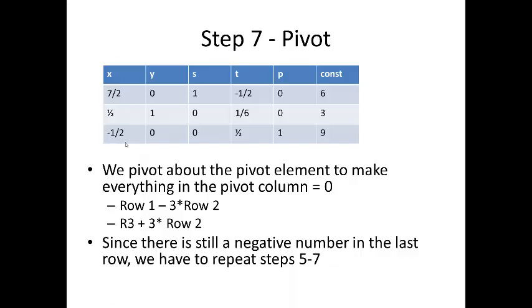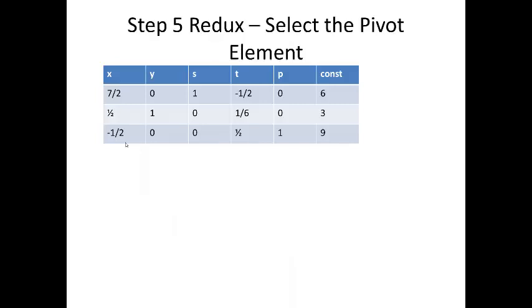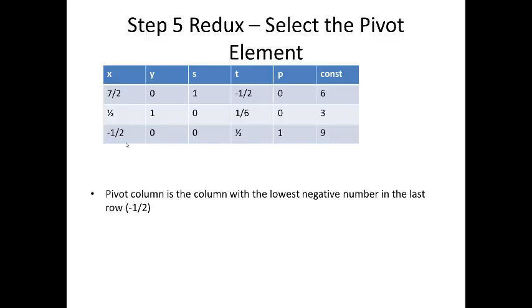You'll recall step 5 is selecting our pivot element. Well, -1/2 is the smallest negative number in the last row, and we select that as our pivot column. So we're going to pivot on the column x, and then we need to determine which element in the pivot column we're going to pivot on.